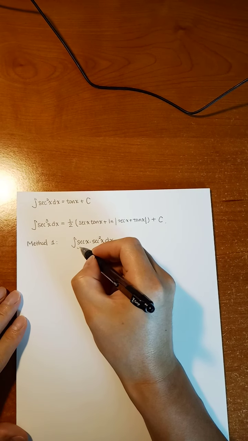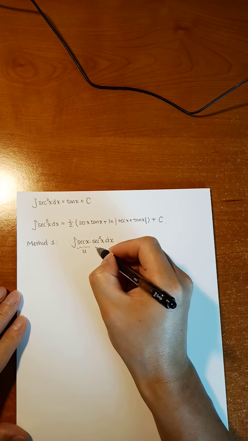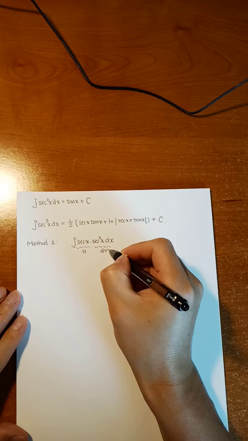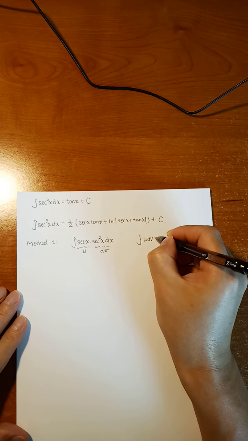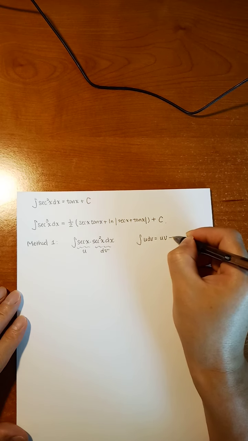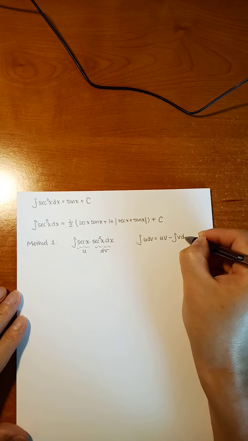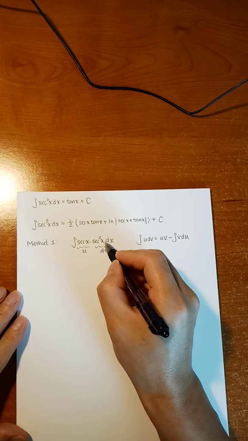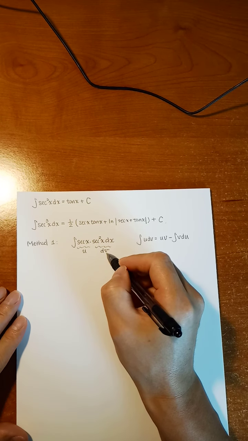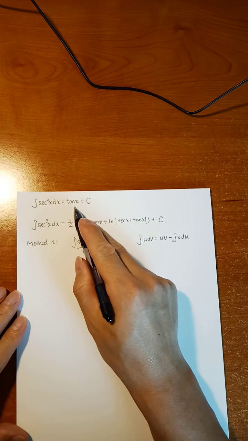And then we will consider this as a u, this as a dv. Remember the integration by parts is that the integral of u dv is equal to uv minus the integral of v du. And if dv is secant of x squared dx, then v is tangent of x by this formula.